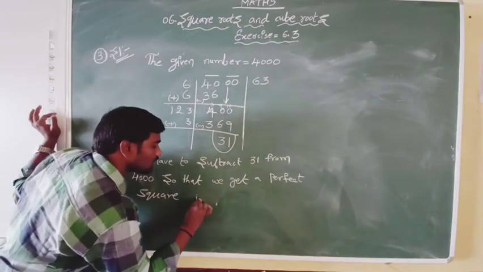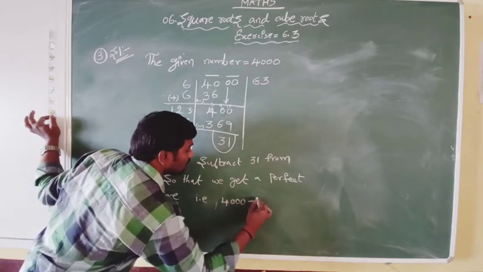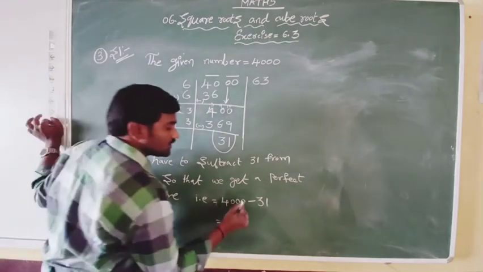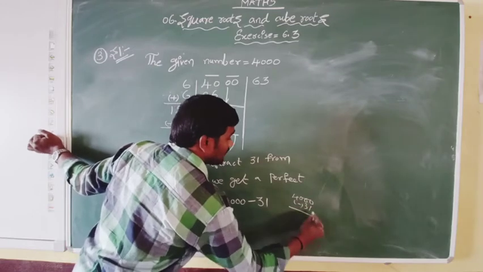Let us write that. What we get here is 4000 minus 31. Let's do it here. 4000 minus 31.